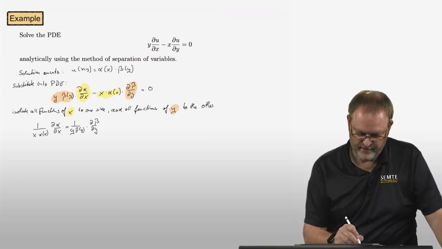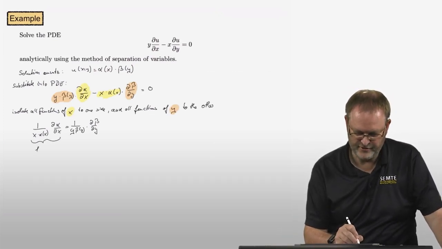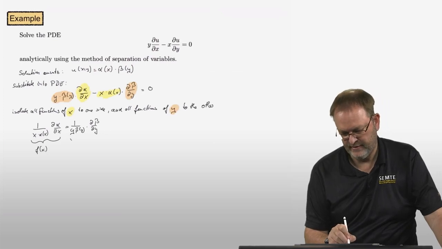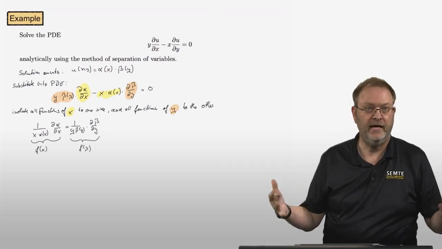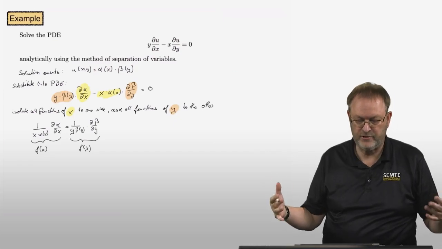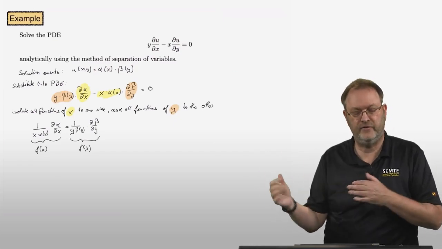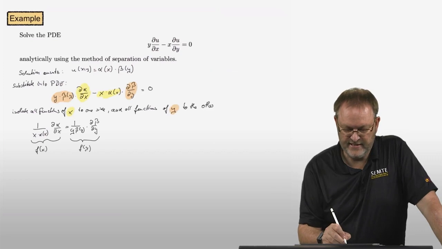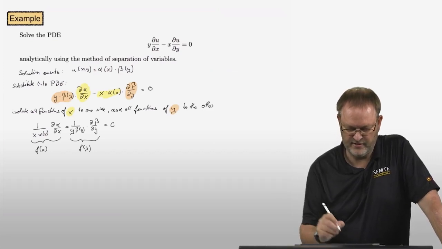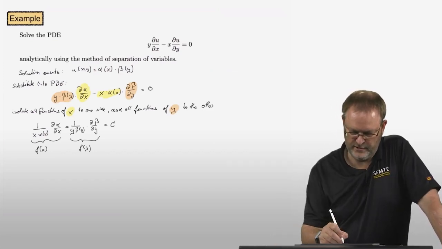Now this left-hand side is a function solely of x. This right-hand side is a function solely of y. And for them to be always equal to each other, no matter the x, no matter the y, both sides have to be equal to the same constant c.